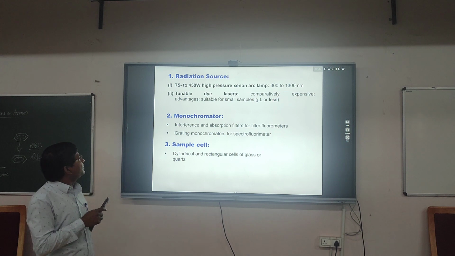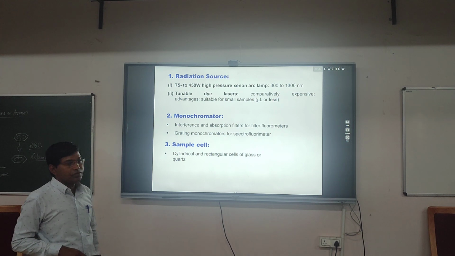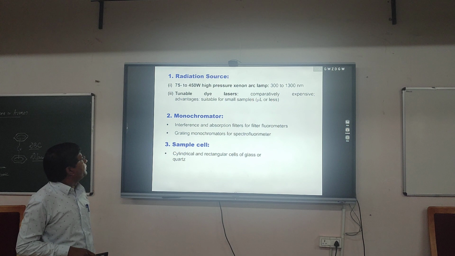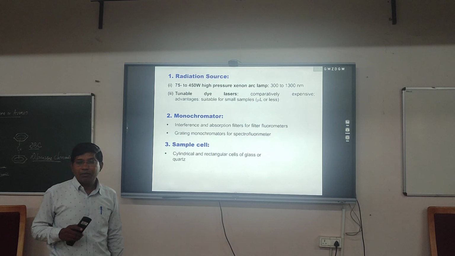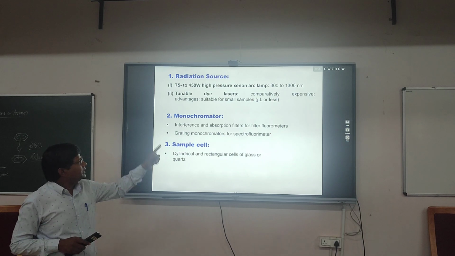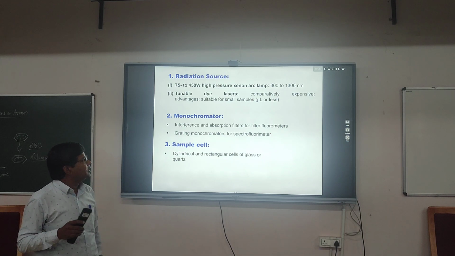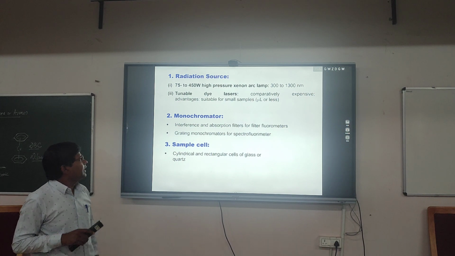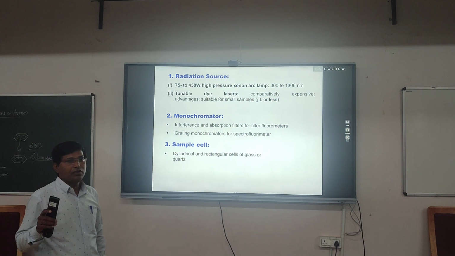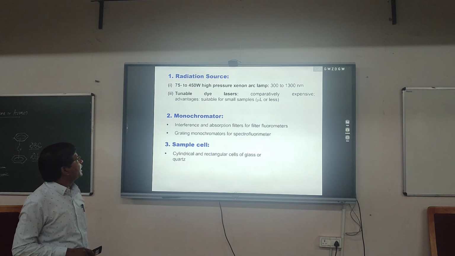Generally as the radiation source we can use a 25 to 450 watt high pressure xenon arc lamp, from which wavelengths of 300 to 1300 nanometers can be produced, and these are used to excite the molecules present in a sample.